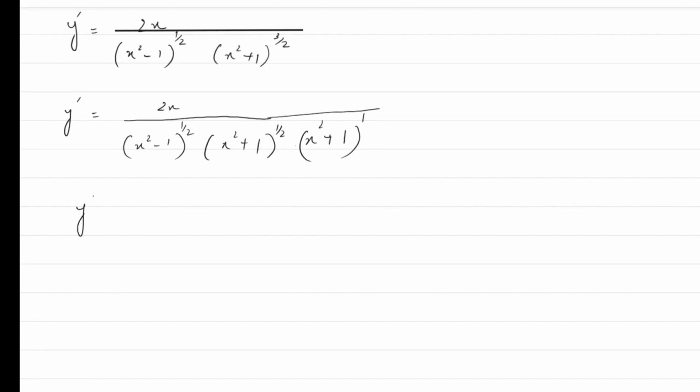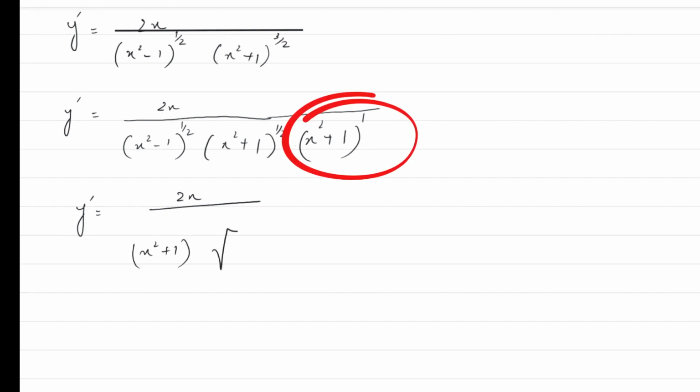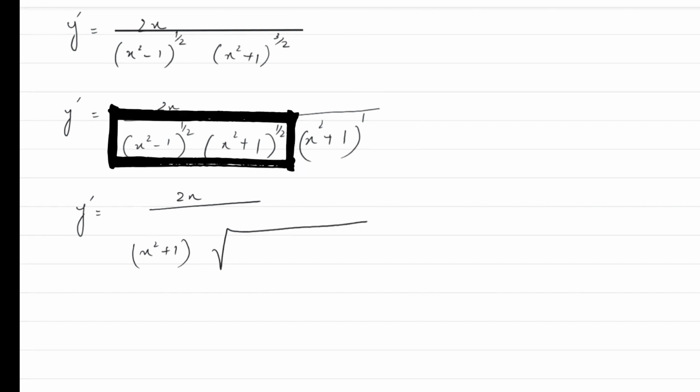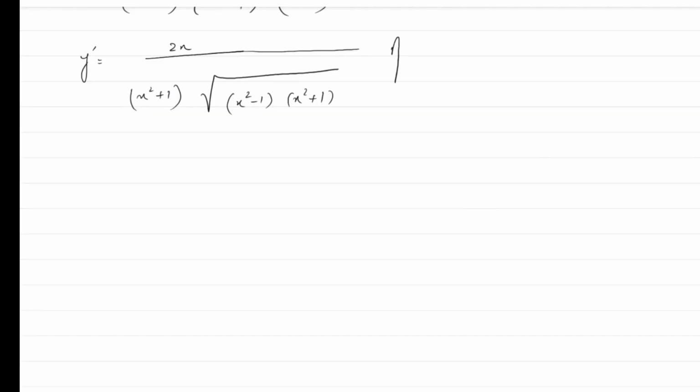So it would be 2x by x square plus 1 and under root x square minus 1 x square plus 1. Well, so this is the answer of this question.